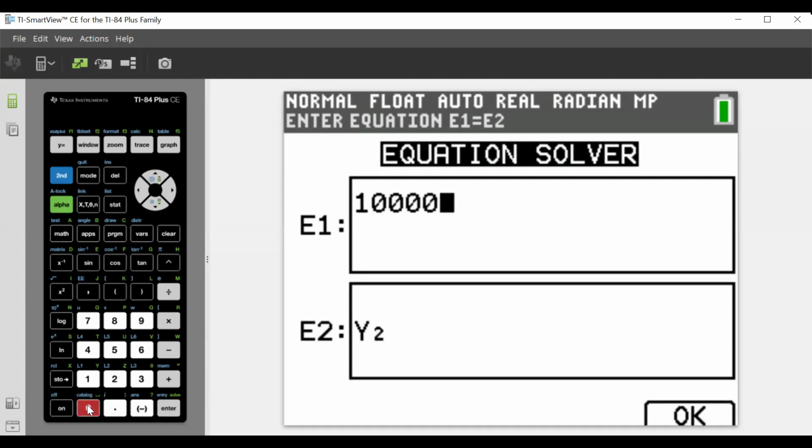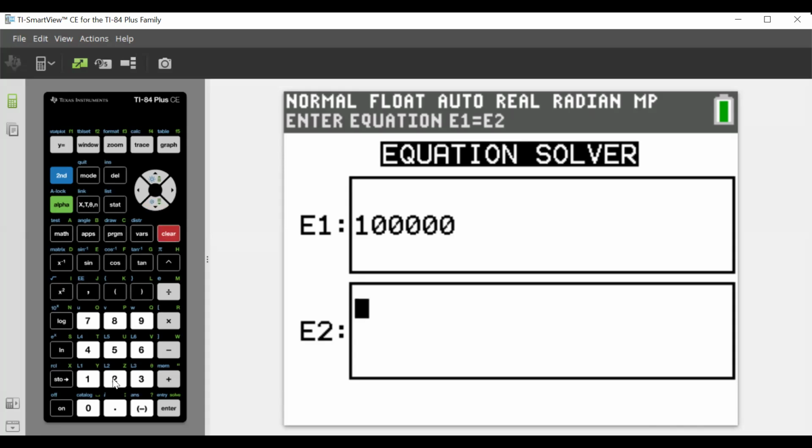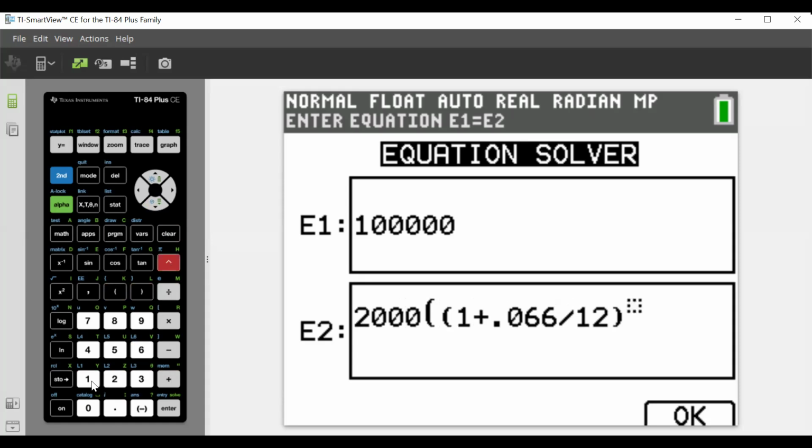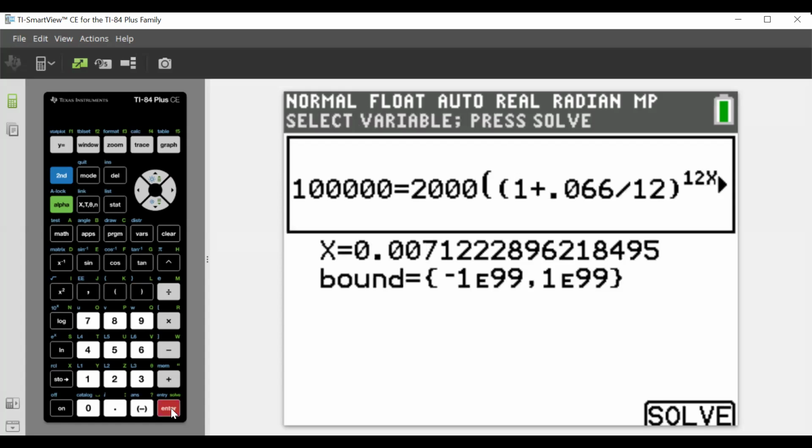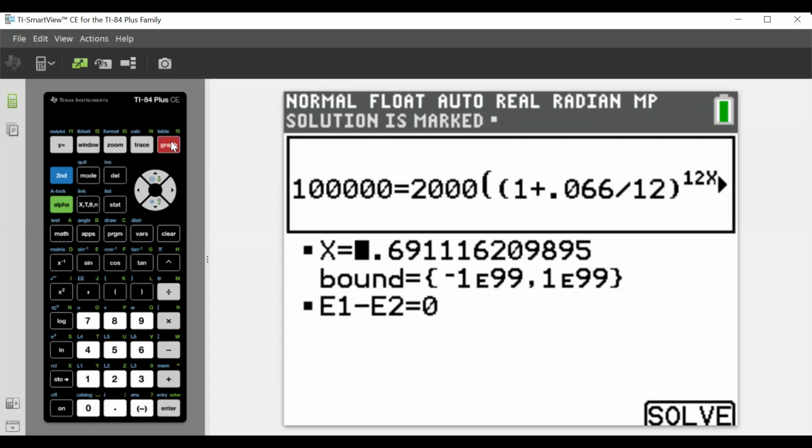So 100,000, then 2,000, parenthesis, parenthesis, 1 plus 0.066 divided by 12, raised to the 12x, arrow down, minus 1, parenthesis, and now divided by parenthesis 0.066 divided by 12, and that should give us our time. So it says 3.69, so that should be 3.69 years.